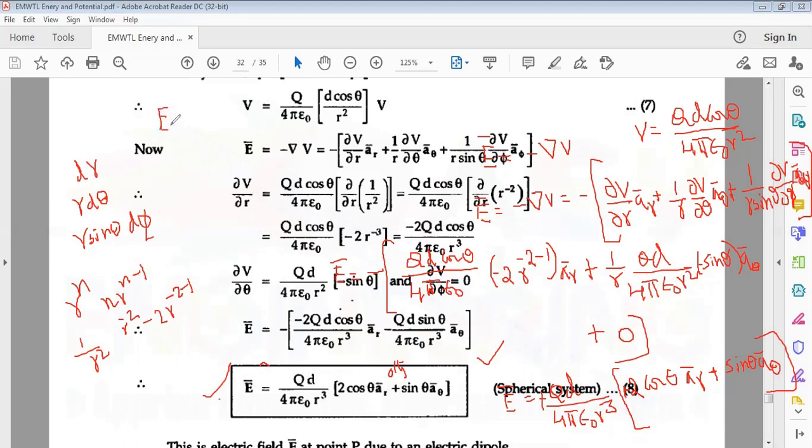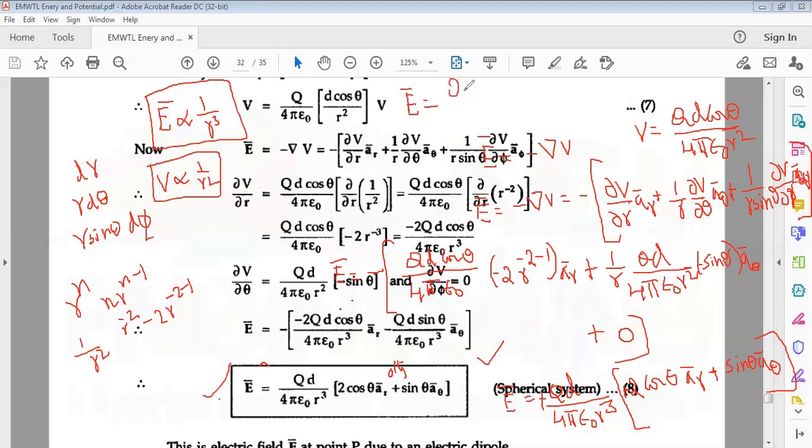the electric field intensity in the dipole is proportional to 1 by r cube, and the potential is proportional to 1 by r square in the dipole. But in the point charge, the electric field intensity is proportional to 1 by r square, because electric field intensity is q by 4 pi epsilon naught r square into a r bar.